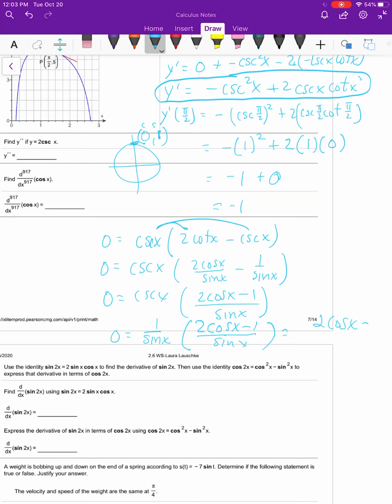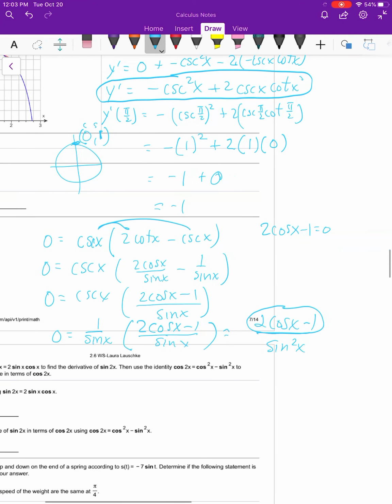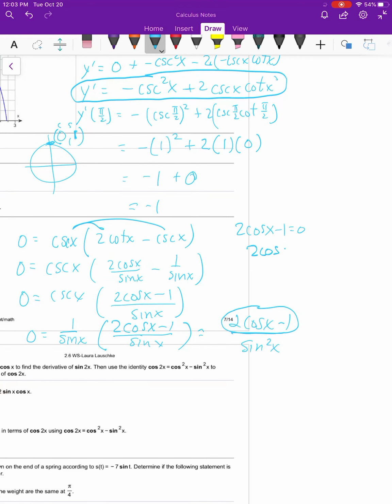And so that becomes 2 cosine x minus 1 over sine squared x. And where it is 0 is going to be where this is 0. So that whole thing is going to be 0 when that numerator is 0. So 2 cosine x equals 1, cosine x equals 1/2. Where is the cosine 1/2? Well, that's positive, so it's in the first and fourth, and that is adjacent over hypotenuse. So this has to be square root of 3, this has to be 60. So this x is going to be pi over 3 and 5 pi over 3.